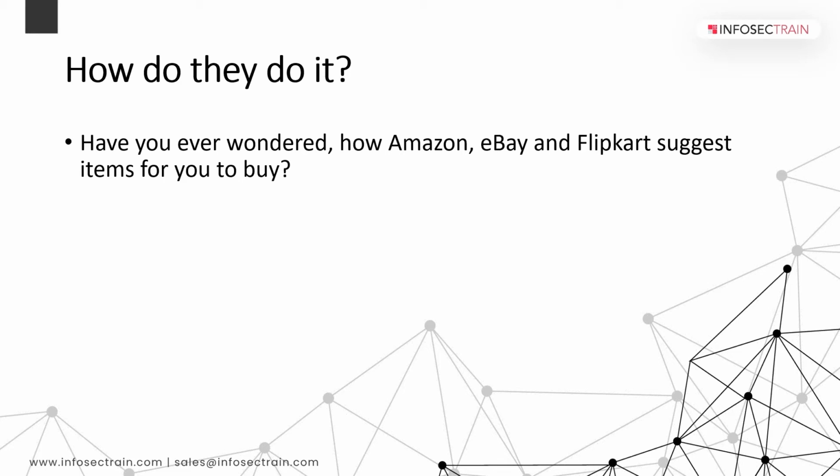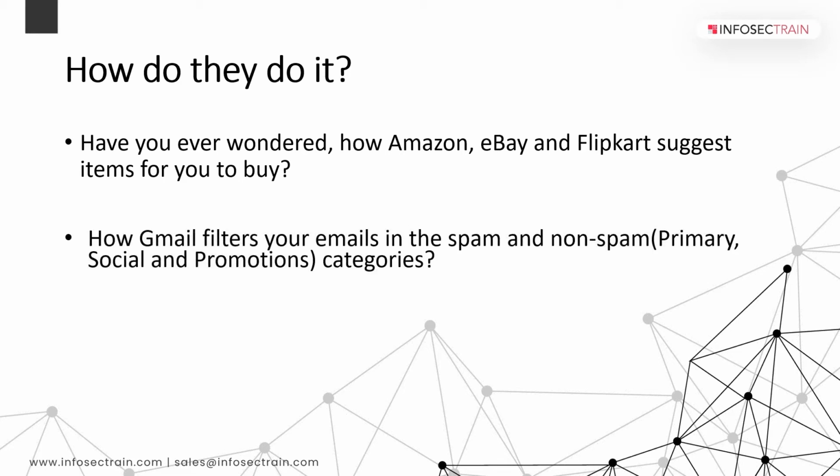Okay, then if we see our Gmail, in Gmail we have different folders. The first ones are non-spam, which are the primary, social, and promotions, and the fourth one is the spam.